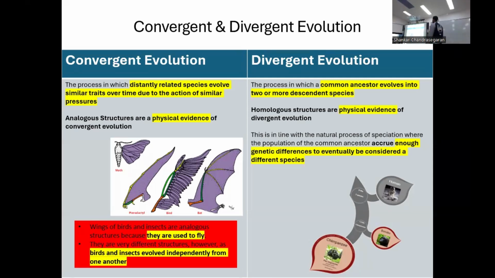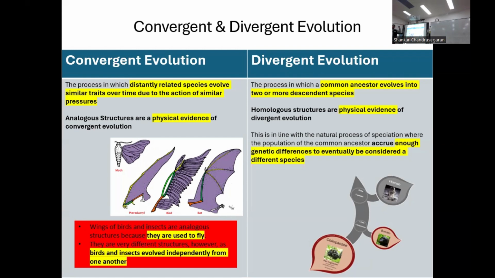So convergent and divergent evolution are very different from each other in terms of how they occur, right? First of all, convergent evolution is talking about two species that are very distantly related to each other that somehow evolve the same trait.